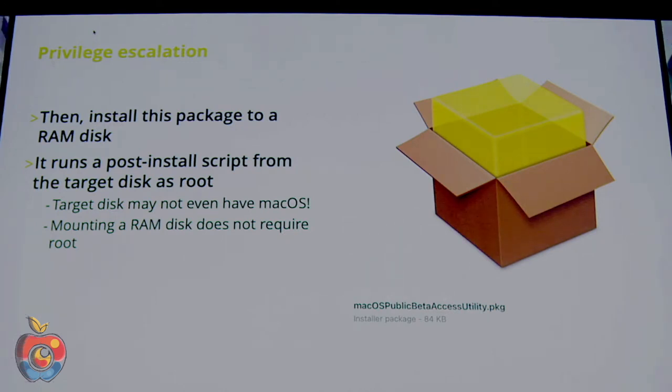But as a normal user, you can just attach a new disk image or create a RAM disk and then use this service to install to that disk. And at that point, you are running a command that the user specified as root. So just mount a disk, put that file on the same path there, and there's no check if it's a macOS disk. Just go to the installation on that disk, and you're executing code as root.